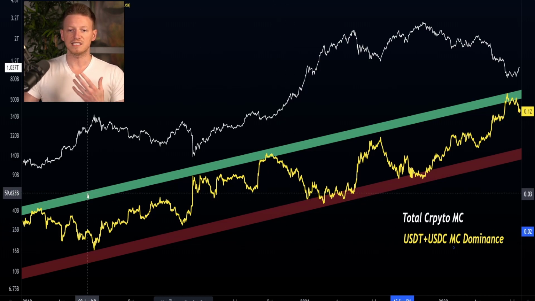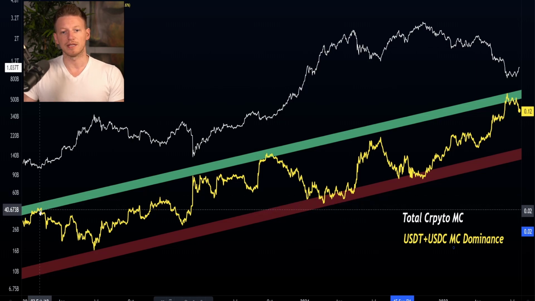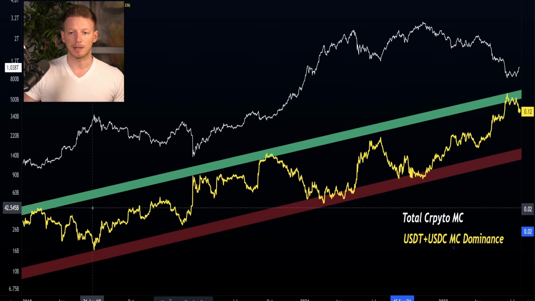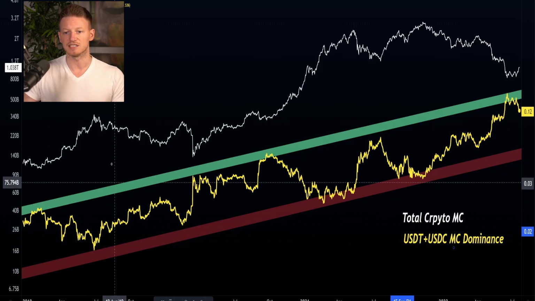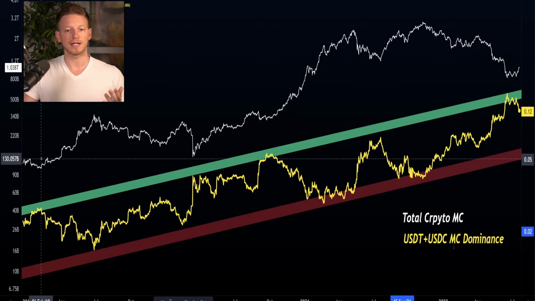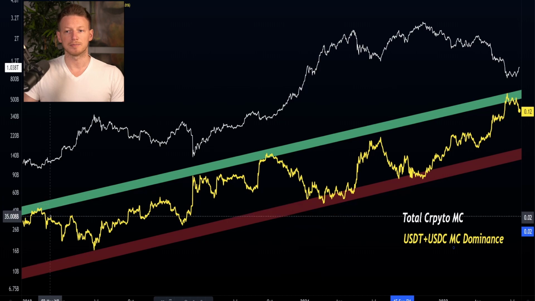What is interesting is that when we look at this oscillation of the market cap dominance between USDT and USDC, something plays out in the crypto market every time we come up to this upper band and every time we come down to this lower band. Let's start with times when we've come up to this upper band, because that's what we're doing right now.